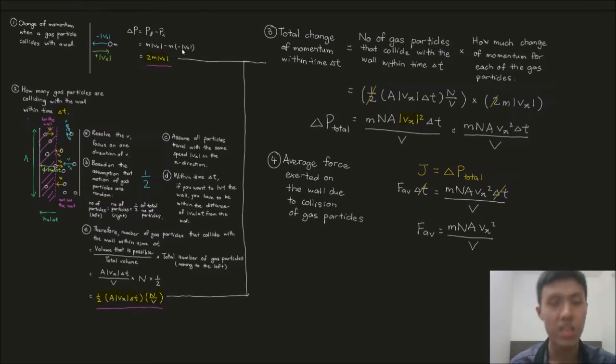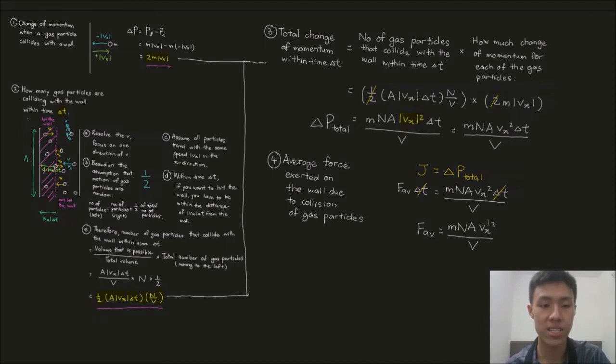Okay, so let's do a bit of recall what all of this formula means, because we have gone a long way. This m here represents the mass of one single gas particle. The n here represents the total number of gas particles in the container. The A represents the area of the left wall.